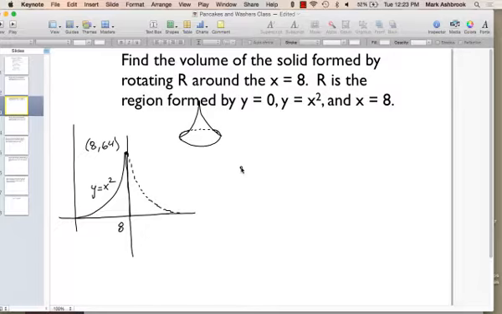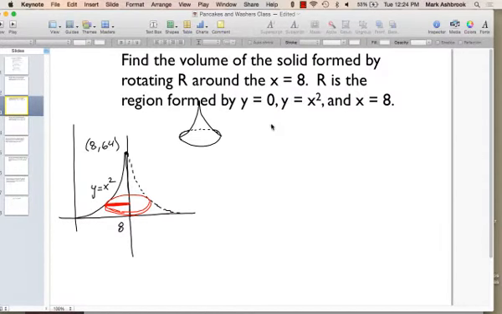So what are we going to do here? Our typical strip is going to be vertical or horizontal? We want to get pancakes. And now we're going to use a horizontal typical strip. To get our typical element, we rotate the typical strip about the line x equals 8, and when we do that, we get a pancake.